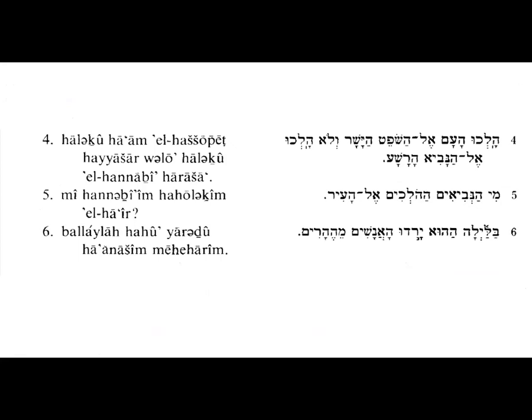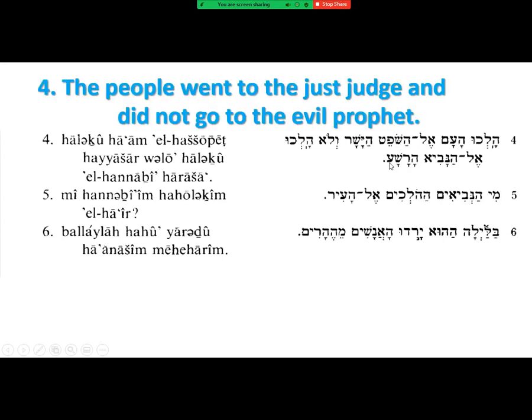Hayashar, yashar is the upright or the just judge. Lo halku, and they did not walk. Al hanabi, they did not walk to the prophet. Harasha, sorry. So the people went to the just judge and did not go to the evil prophet. So it's the prophet, the evil one.